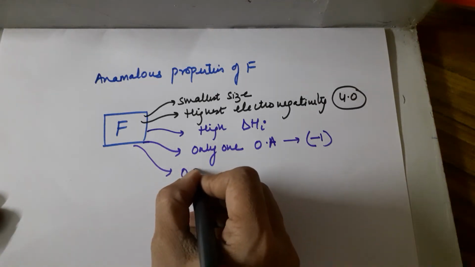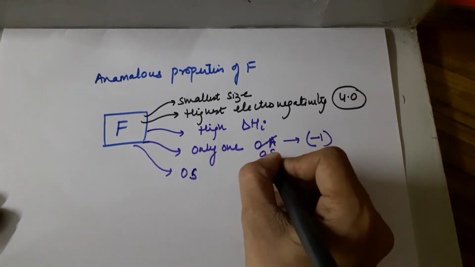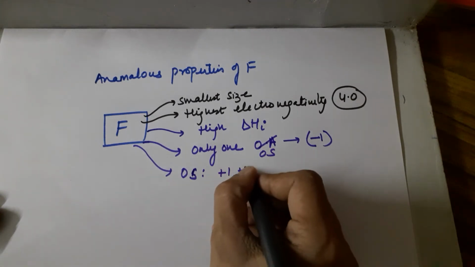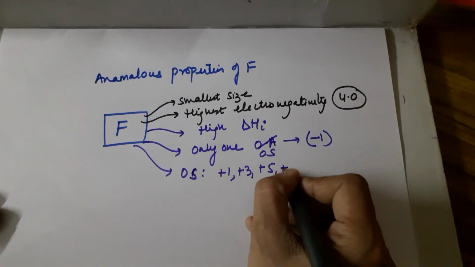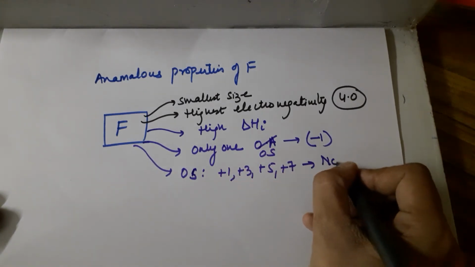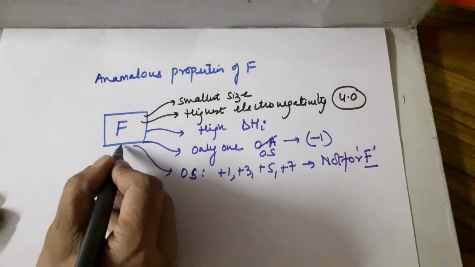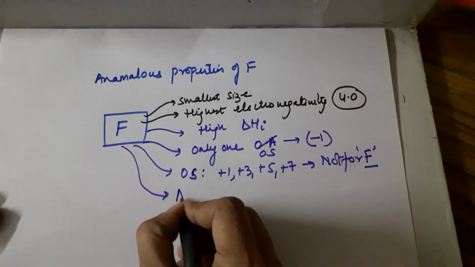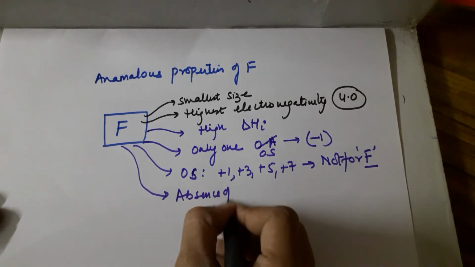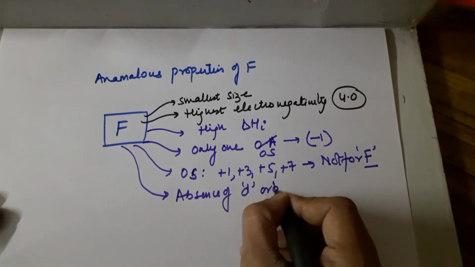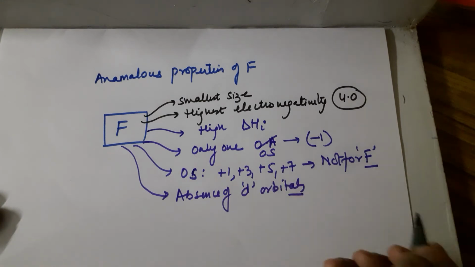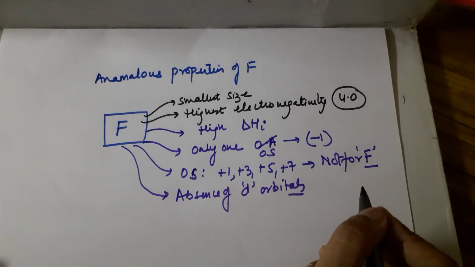Oxidation states, sorry, it should be oxidation state. The oxidation states of +1, +3, +5 and +7 are not for fluorine because of its absence of d orbitals and having the highest electronegativity.